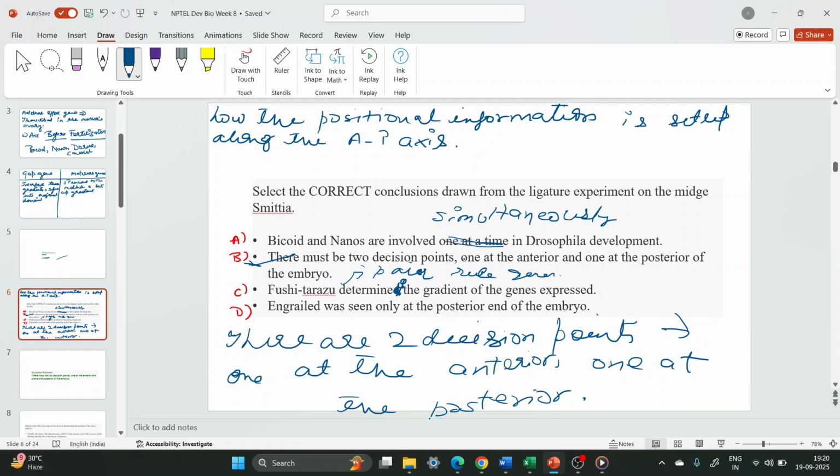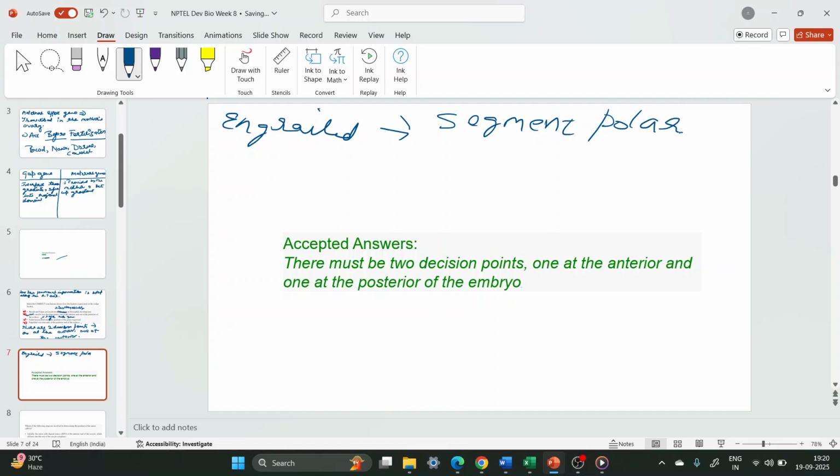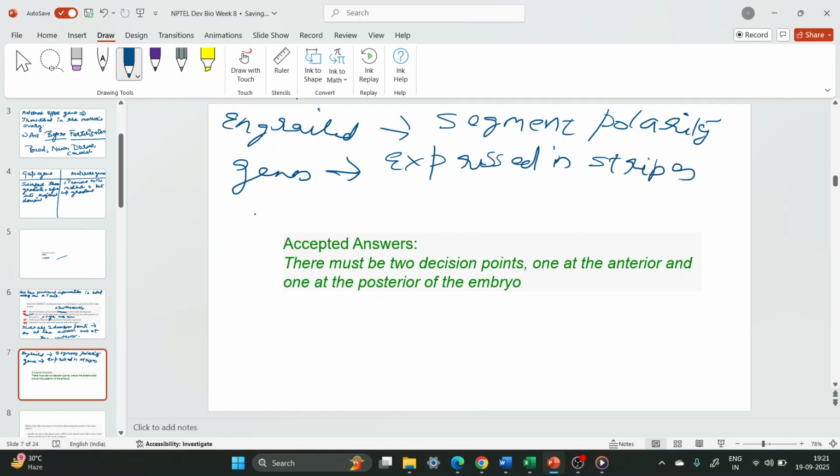I'll write it over here: engrailed is a segment polarity gene, and since it is a segment polarity gene, it is expressed in stripes along the whole anterior-posterior axis. I hope this is clear.